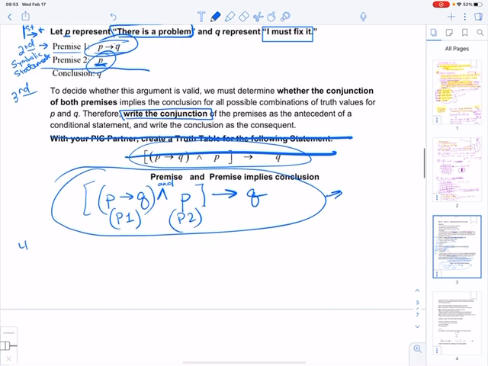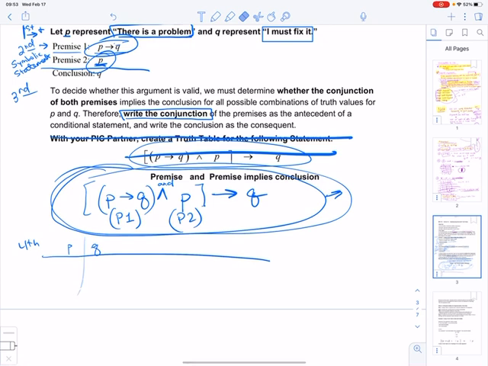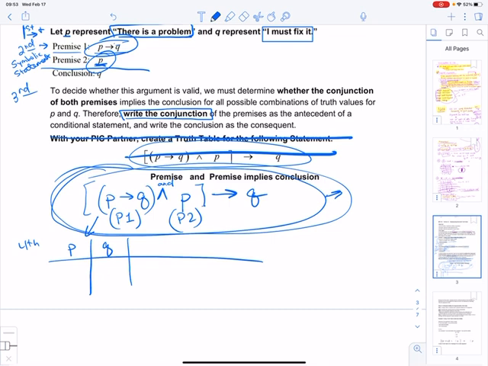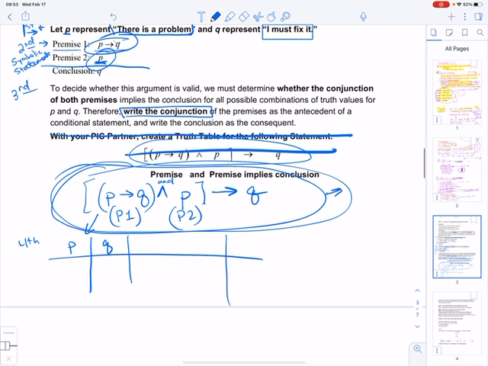So then our fourth step is we're going to take this final conjunction and put it in a truth table, such as this one. I'm going to make this a little prettier. And I know I'm running out of time. This is getting a little bit longer than I want. So I'm going to create a truth table for this statement to see what the end result is.